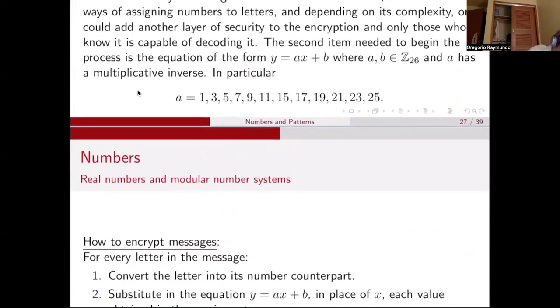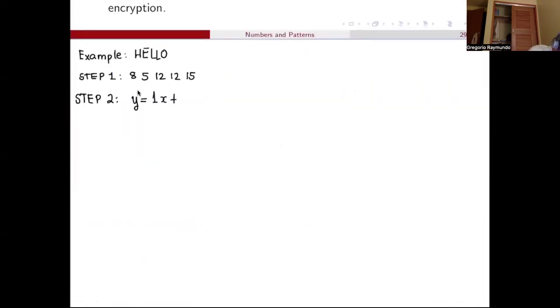So, any number sa z26, kunyari, 5, 1x plus 5. Or sige, para simple, 1x plus 3.